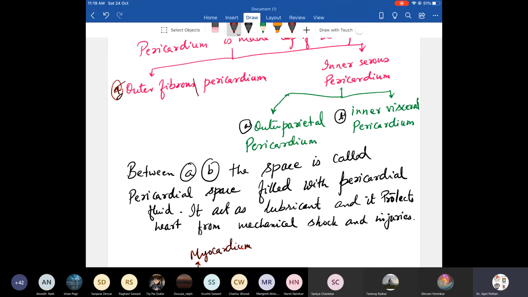Then the space between the outer parietal pericardium and the inner visceral pericardium is called pericardial space, which is filled with pericardial fluid. In the lungs, if you remember, it is filled with pleural fluid. Here it is filled with pericardial fluid. It acts as a lubricant and protects the heart from mechanical shock and other injuries.